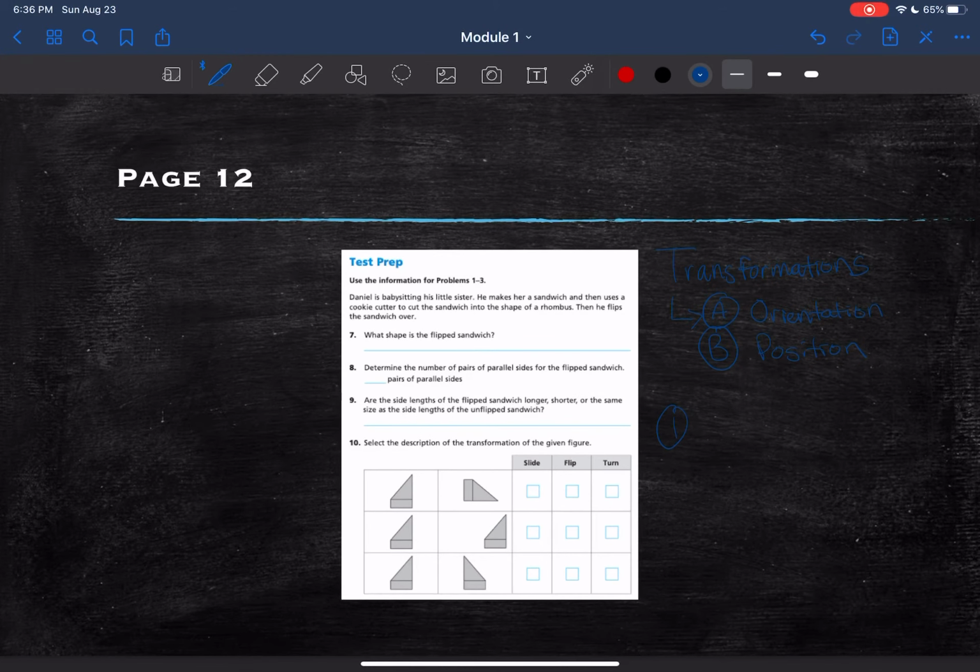So we have a slide or translation. We have a reflection. And then lastly, we have a turn or rotation. So if you can do those things, we need to put them into practice on this test prep. So pause the video, attempt these problems on your own, and then let's see how you did.